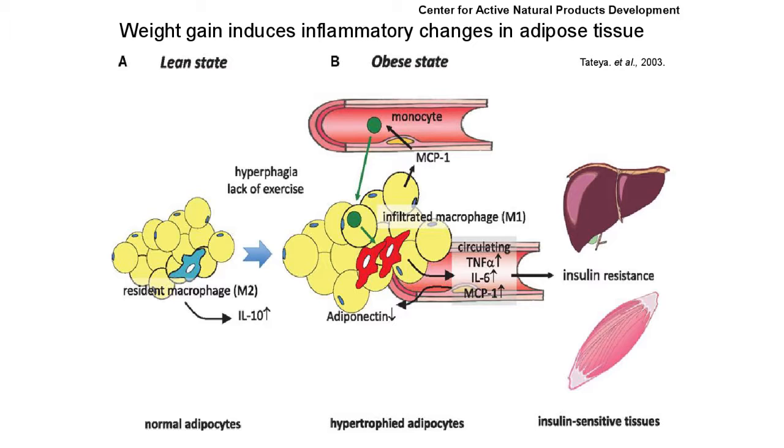Our body, our immune system, sends neutrophils or macrophages to clean out the dead cells. Macrophages have phagocytic activity.